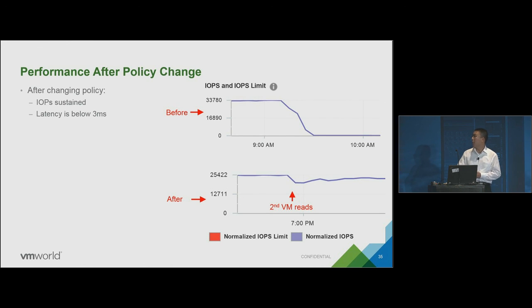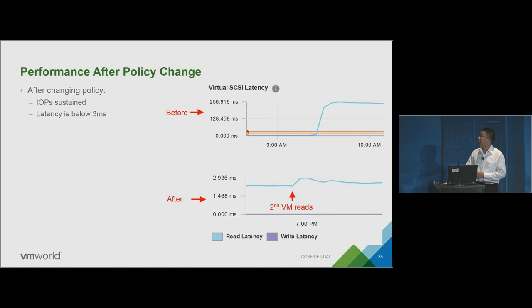By the way, this second VM read turns out to be some backup program that is reading from VirtualSAN storage. More importantly, we find that the read latency is capped below 3 milliseconds. So at this point, we have root caused the issue, and we find a resolution for this particular issue.